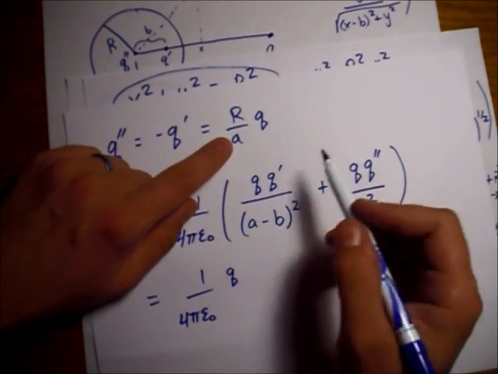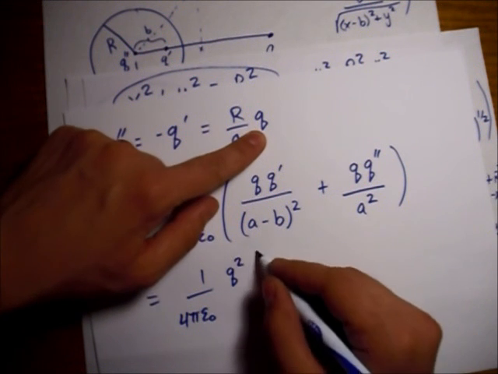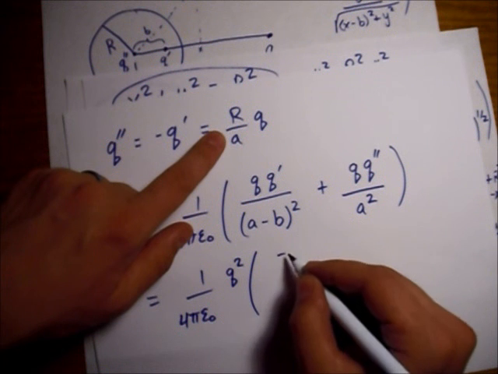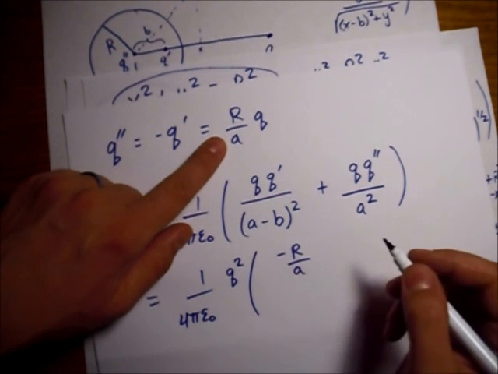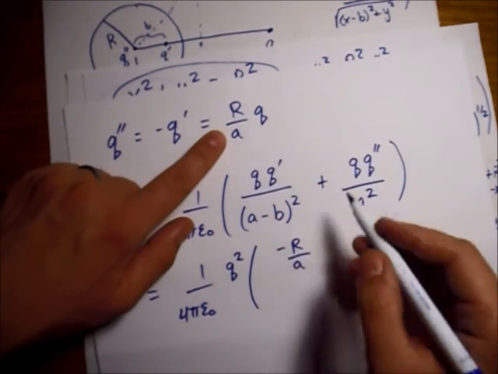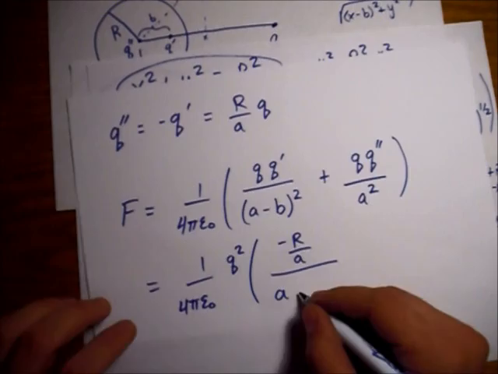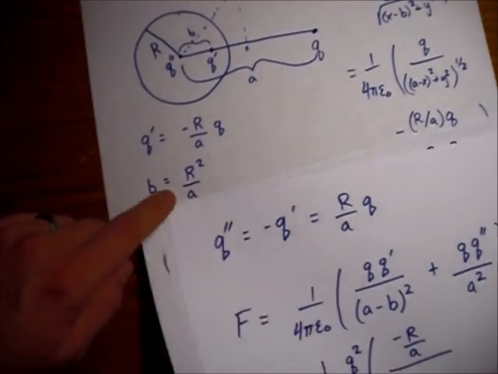Let's factor out the other q while we're at it and make this a q squared. So what do we have left? We had a minus R over a, right? And then an a minus b, and b is this R squared over a.